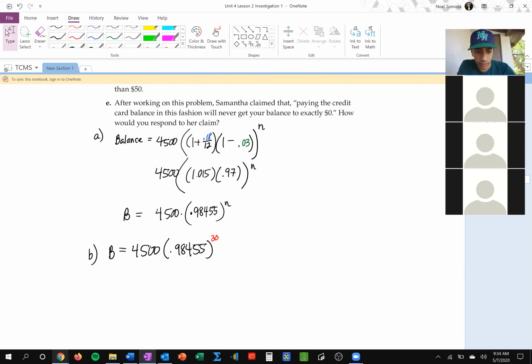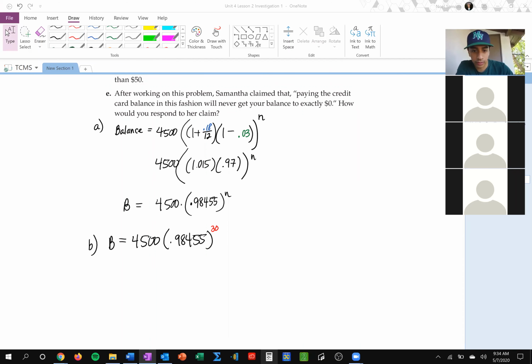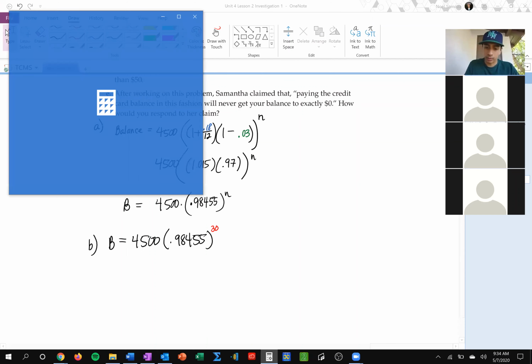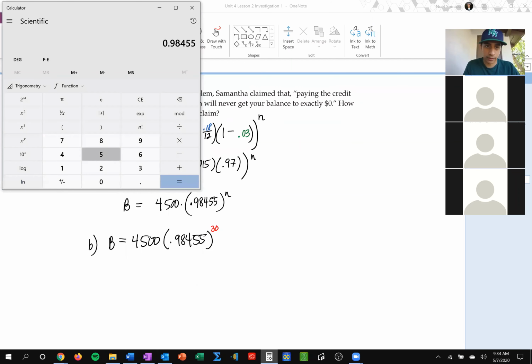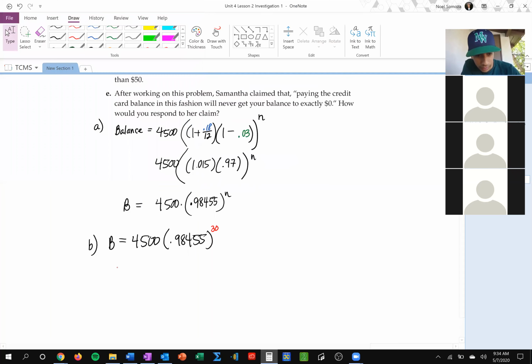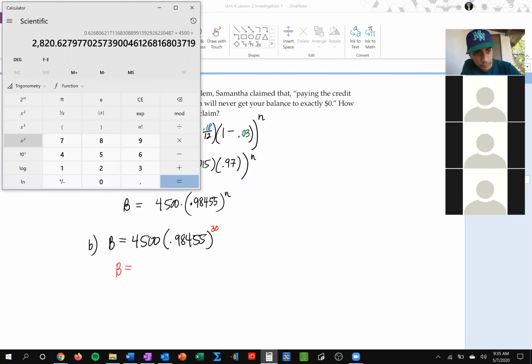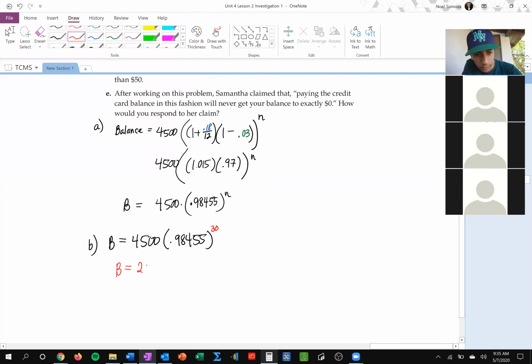We can do it here actually. 0.98455 to the 30th power, and then we take this times 4,500. After 30 months, your balance is now only 2,820 with 63 cents.